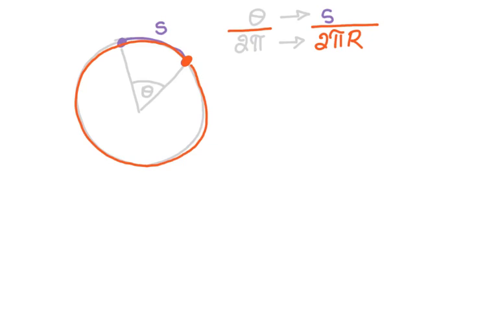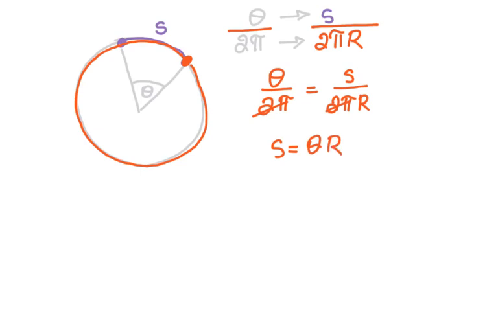So what I have is theta over 2 pi is equal to s over 2 pi r. Now, if I cross multiply them, I can cancel 2 pi from both sides. It's the same as multiplying both sides by 2 pi. And so what I get is s is equal to theta times r.